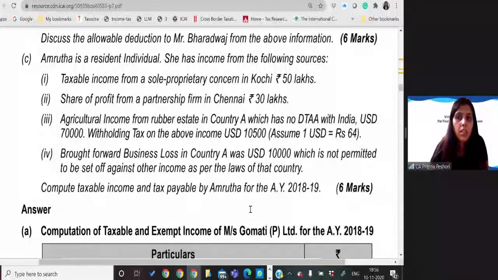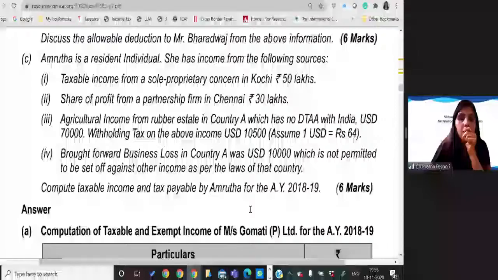No, Gomathi. Pooja, are you clear with the doubt? Aman?